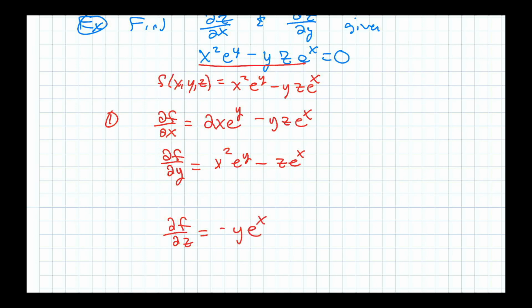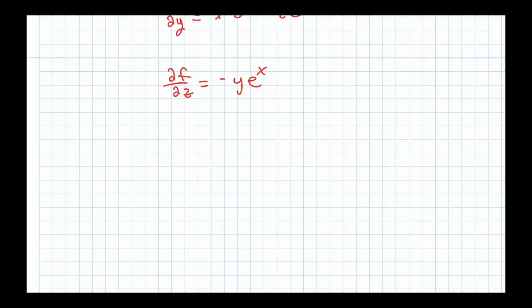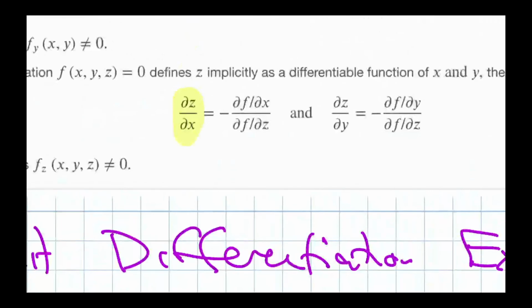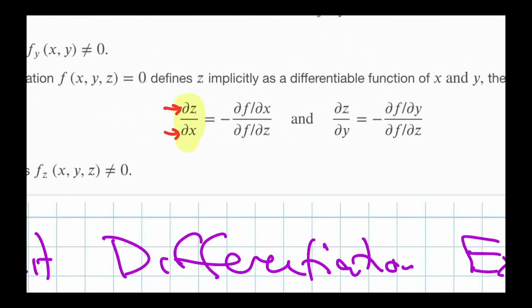So those 3 partials are pretty easy, right? So compute your partials that you're going to need. And then we're going to use our formulas. I think they're exactly the same as the formula we used before. When you're doing dz dx, it's the x derivative on top and the z derivative on the bottom, and also there's the negative sign.